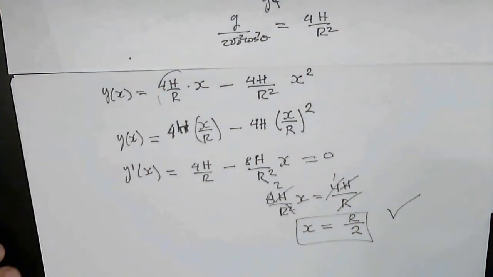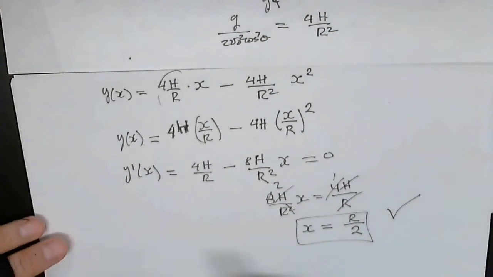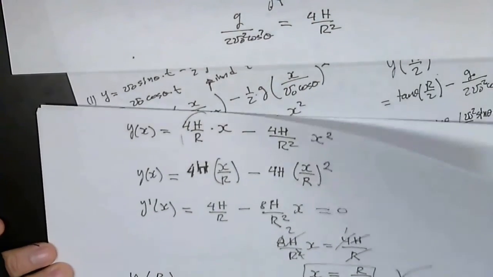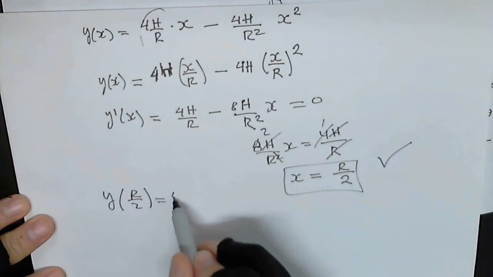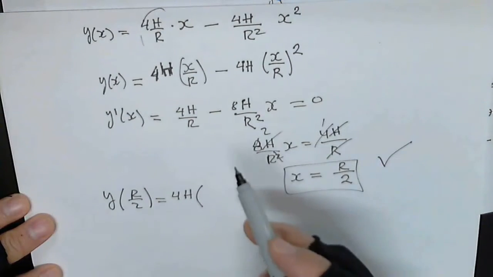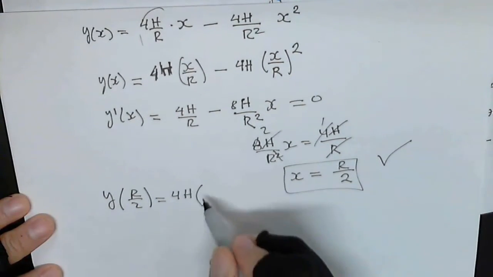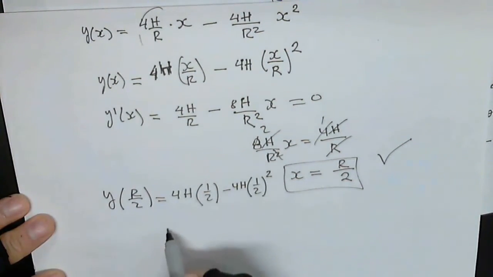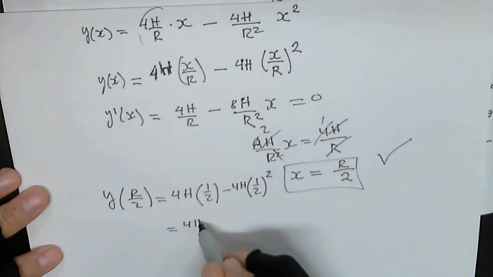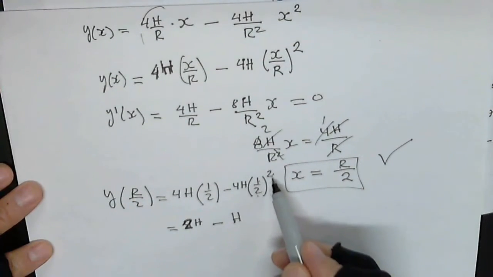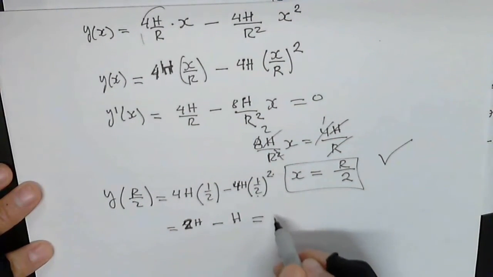We are supposed to get h. So y at r over 2 is 4h times x over r, you get 1/2, minus 4h times 1/2 squared, which is 2h minus h, right? 1/2 squared is 1/4 and the 4 cancels out, and you get h.